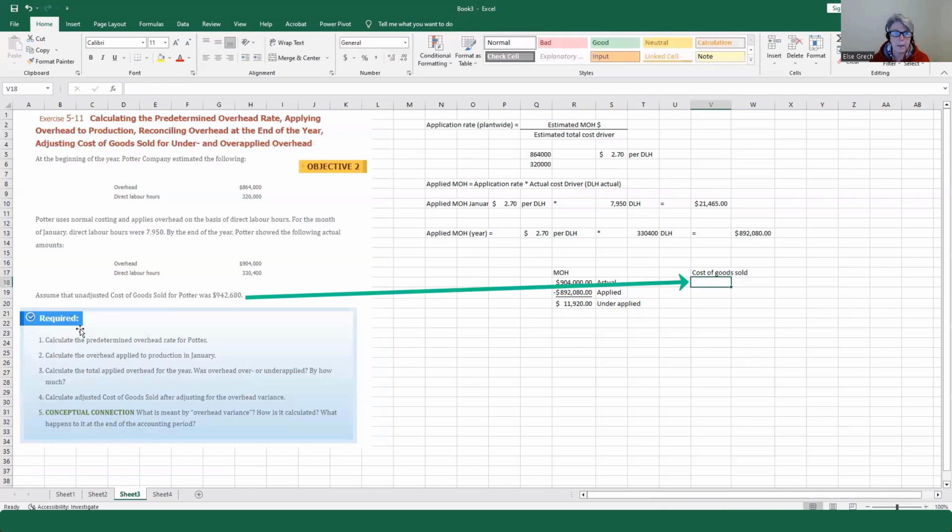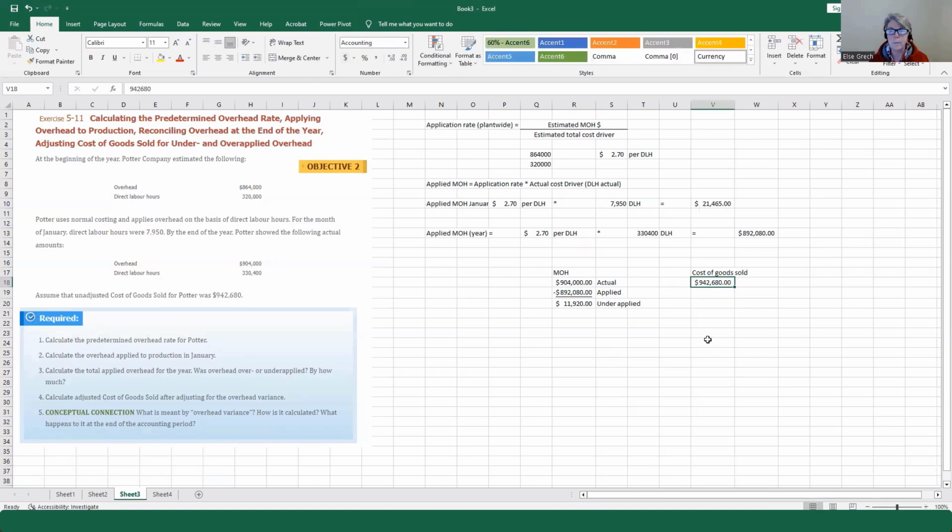And we know the balance in the cost of goods sold right now is 942,680. That's what's sitting in there right now. Now, remember that this was under applied. There's a balance sitting in the account because we didn't apply enough.